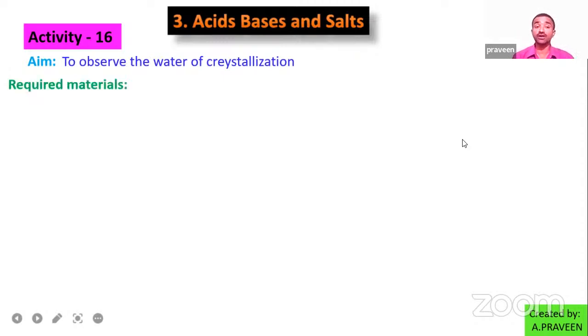Here, you require some materials to conduct this activity. Simply, you are observing the presence of water droplets in a solid salt. So you require hydrated copper sulfate.